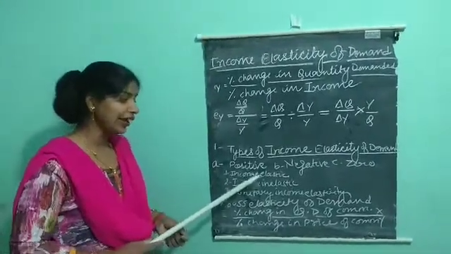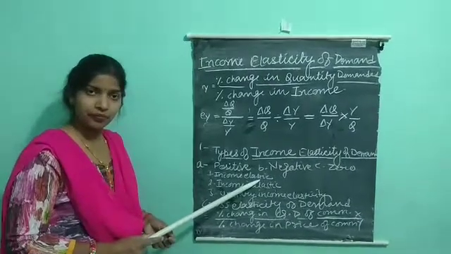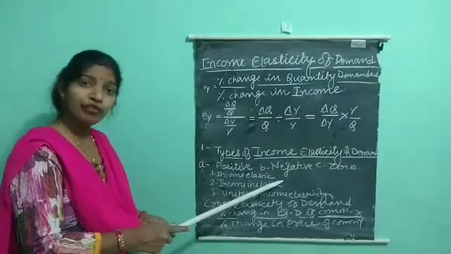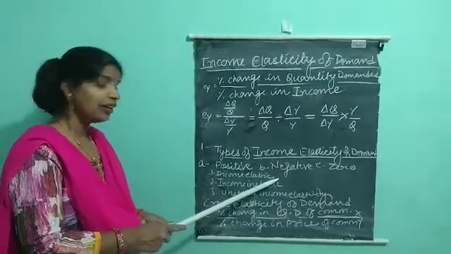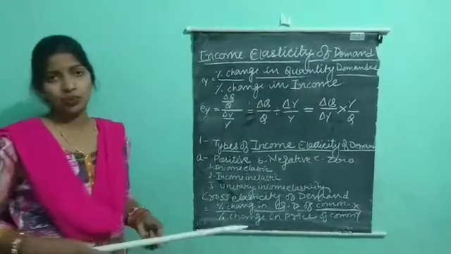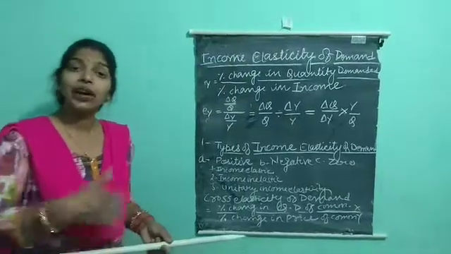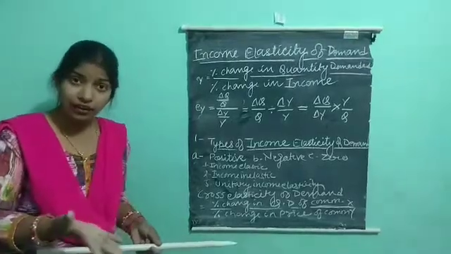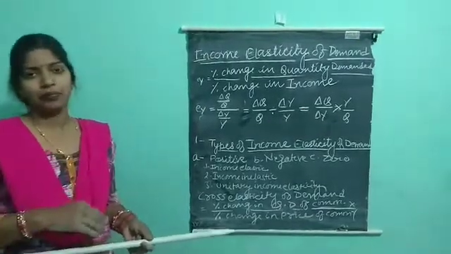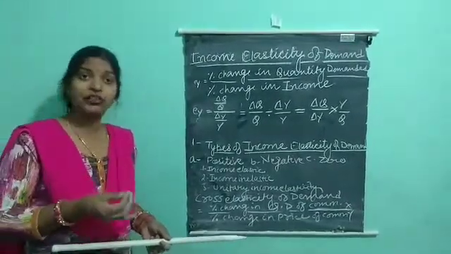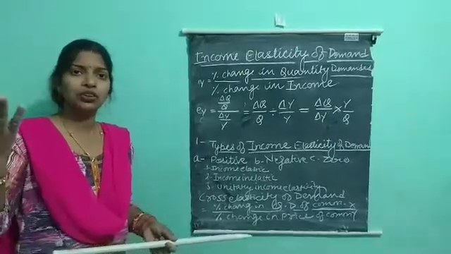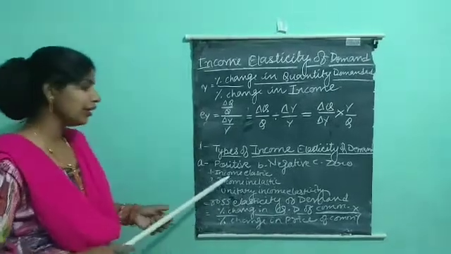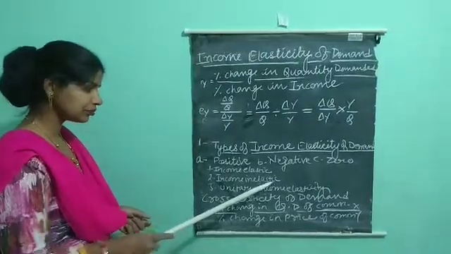Now, first is income elastic. Income elastic refers to when the change in demand by the consumer is greater than the change in income. If income changes by 10%, the demand changes by more than 10%, maybe 12, maybe 15, then it is called income elastic.